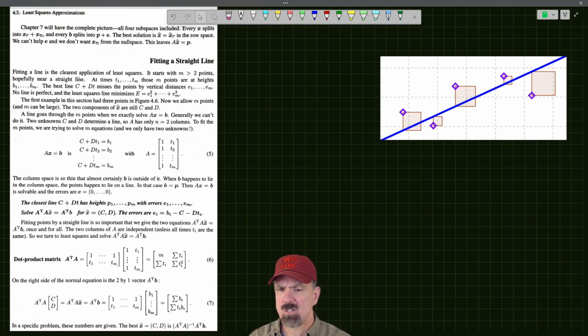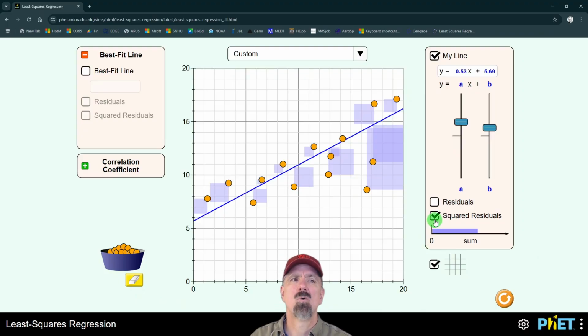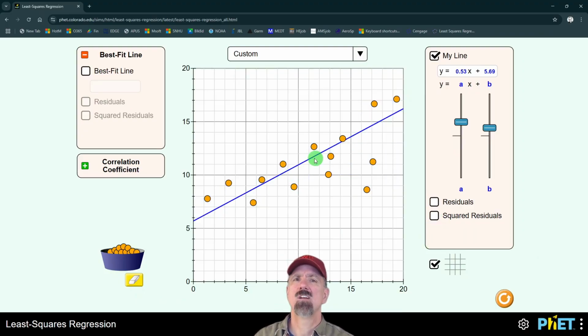Let me show you a demonstration of this. And I'll turn off the squares for a second. So here is a set of data points, and I have my approximation here. And this square residual shows exactly what we talked about. So the residuals are just the vertical drops, right?